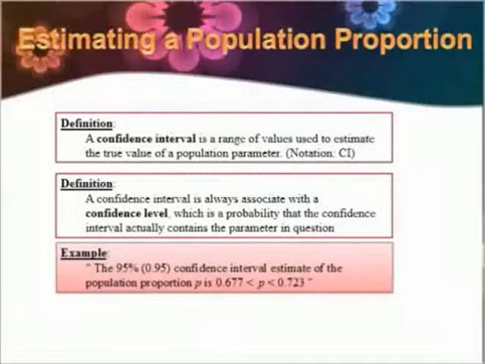For example, we could say the 95% or 0.95 confidence interval estimate of the population proportion P is 0.667 to 0.723. That is, we are 95% sure that our population proportion is somewhere between 0.677 and 0.723.